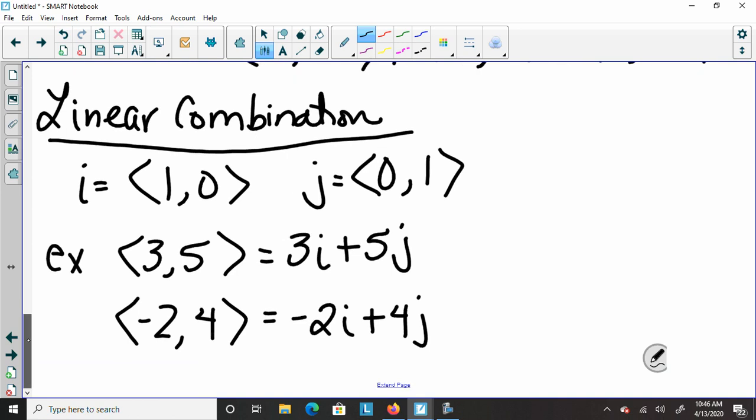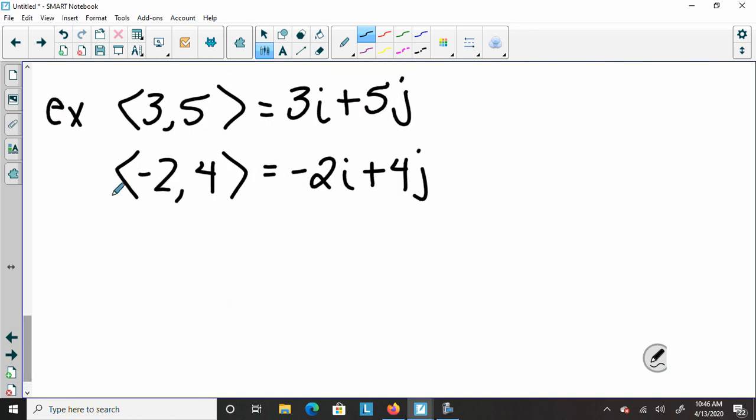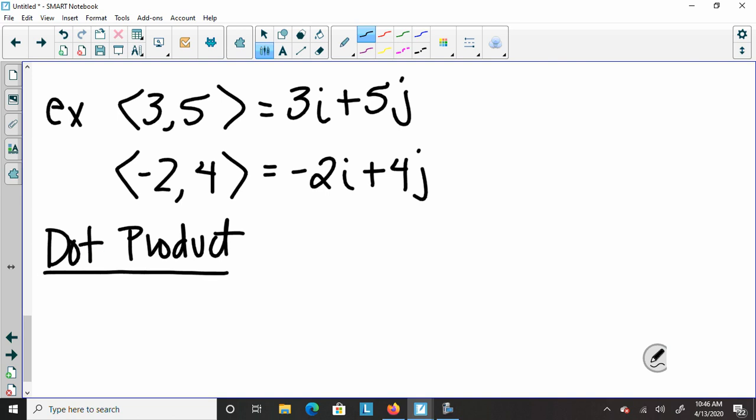Okay. We only have 2 things left, and we're done with this. I know I'm going by pretty quickly, but you can always rewind and watch it again if you need to see something or write it again. There are 2 ways that we quote-unquote multiply vectors. We have a dot product and a cross product.